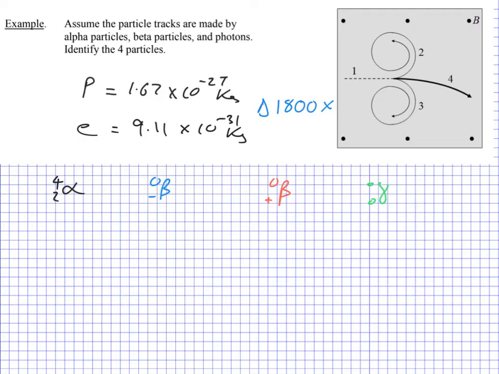But of course, an alpha particle has 4 nucleons, so we would have to multiply this 1,800 by 4. In other words, the alpha particle has approximately 7,300-ish times the mass of a beta particle. So it's significantly more massive.